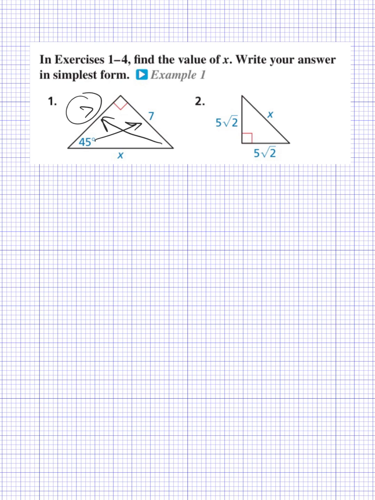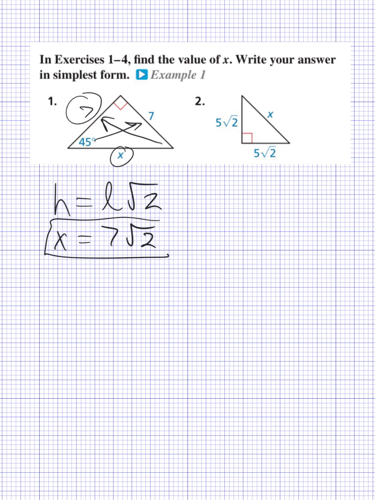But we didn't need to know that one. We want to know this one. So the formula is the leg times the square root of 2. We don't know the hypotenuse, that's x, and the leg is 7. 7 times the square root of 2. And that is actually the answer. You're supposed to write it in simplest form, which means we're done.